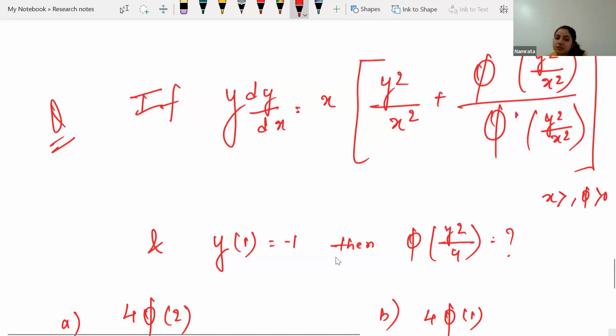We have to solve this differential equation. We need to use the given condition, and then from there we have to find phi of y square by 4. Let's see what can be done over here.